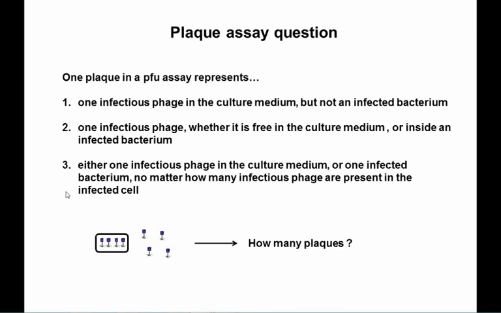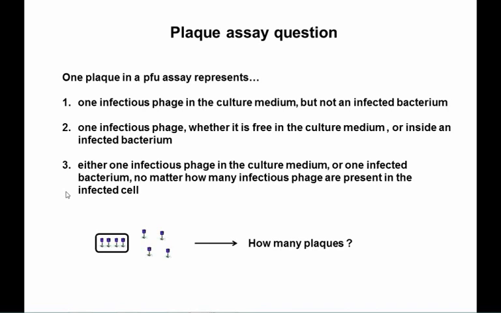Just to make sure everybody has got this. You have a mix of free particles outside in the medium, and you might have an infected cell with a whole bunch of virus particles inside. When this one gets put down on the plate, initially it's going to be one infected cell with a whole bunch of particles inside. When this lyses, it's going to release these phage particles, but they're only going to infect the neighboring cells.